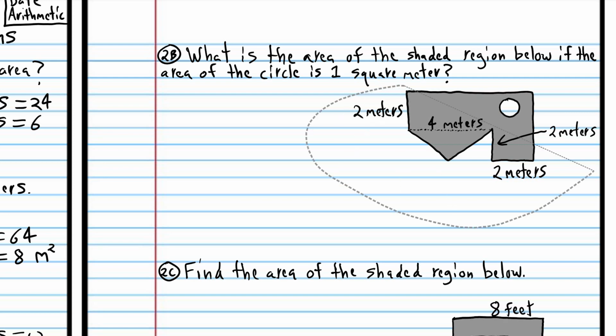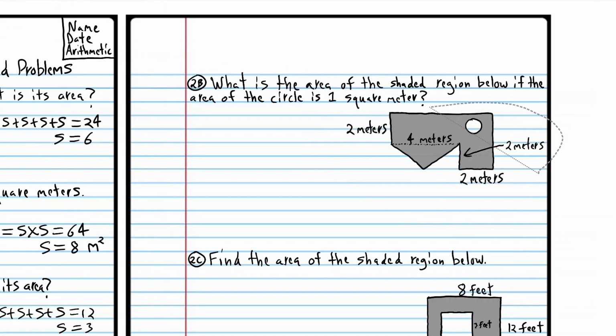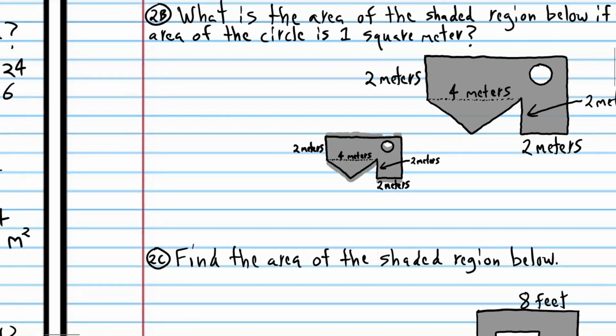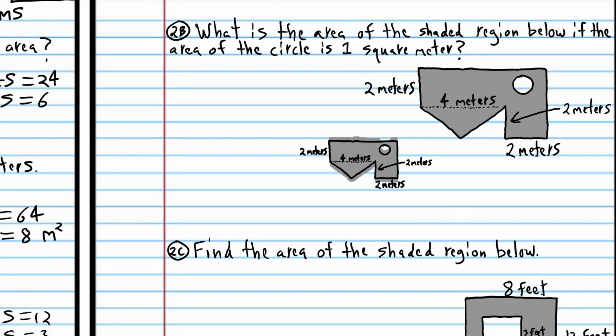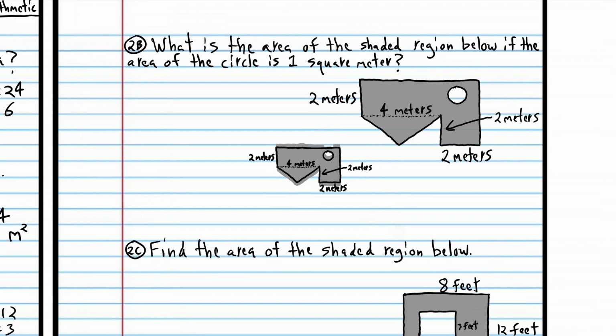So let me copy this, because I don't want to mess up my original drawing. All right, obviously that's kind of messed up there, but what we're going to do is find the area of this rectangle in here. Then we're going to find the area of this triangle. Then we're going to find the area of this rectangle, and we're going to add those all together.